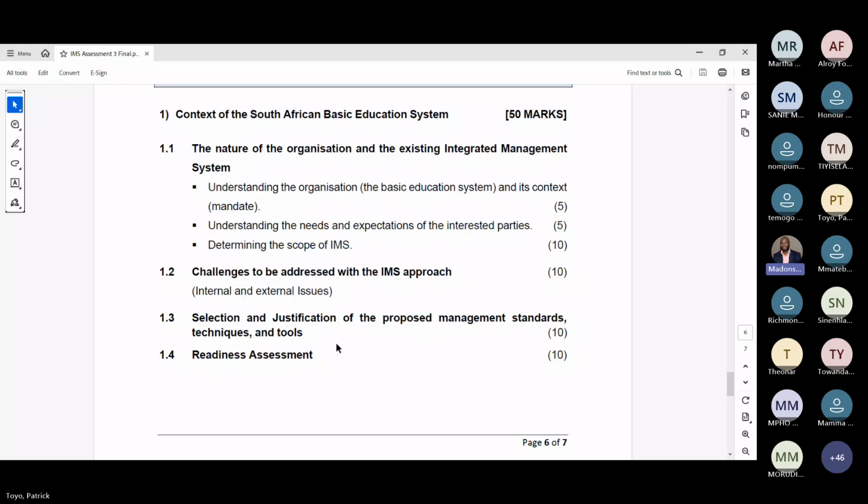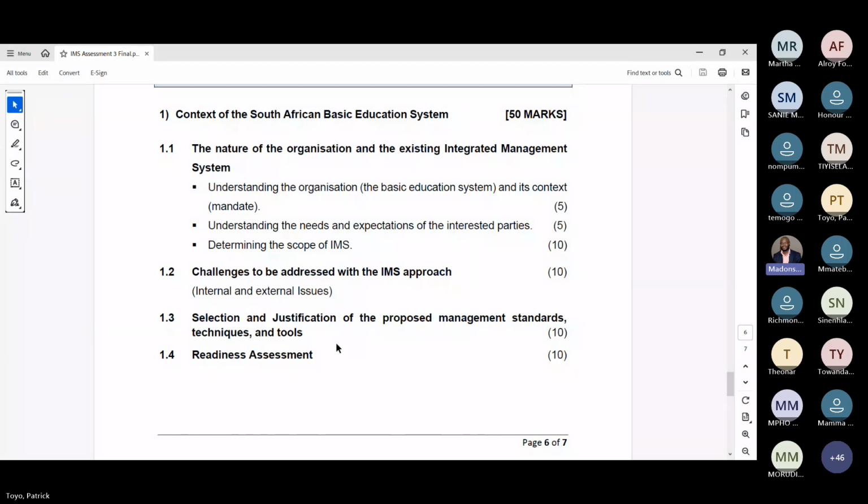Right. And then the second bullet, the needs, because from that mandate, as citizens we expect the Department of Education to deliver certain services, either to meet or to exceed our expectations.